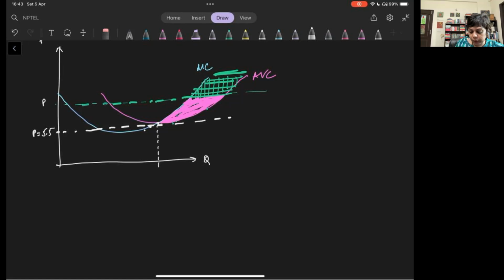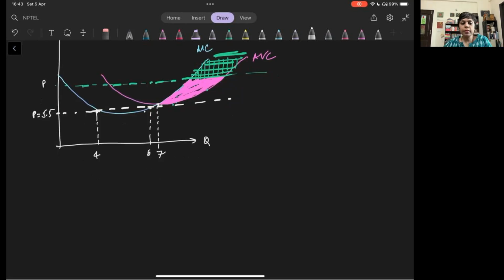In this part, you can see that this is intersecting. What we are given is this is 4 and this is 6 in our case, and this is 7. For the values of Q equal to 4 and Q equal to 6, marginal cost is equal to price, equal to 5.5 in the given example. At Q equal to 7, marginal cost is equal to average variable cost, right? Which is what is happening.